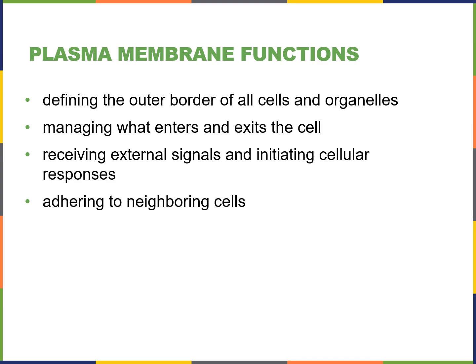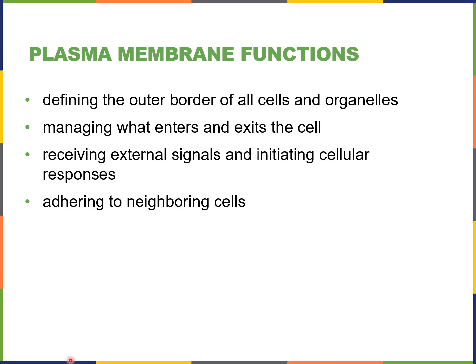Secondly, it plays a role in receiving signals from the external environment. These signals can trigger responses inside the cell. Think of it like a cellular security guard. It monitors incoming signals and initiates actions when needed.